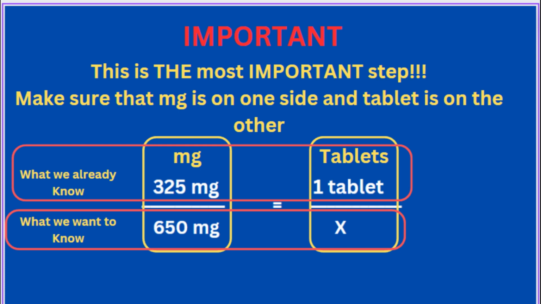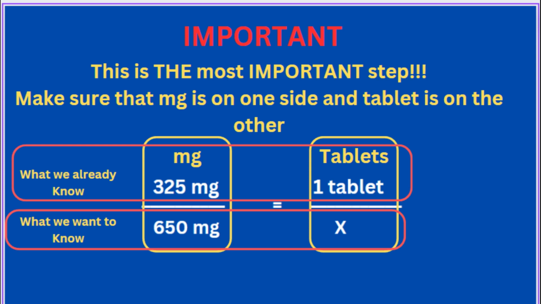So we know 325 milligrams equals one tablet, as 650 milligrams equals X tablets. So X is how many tablets. We also want to make sure that going horizontally, we have what we already know together, usually on the top, and what we want to know together, usually on the bottom.